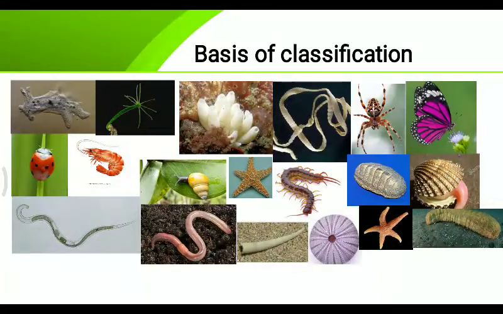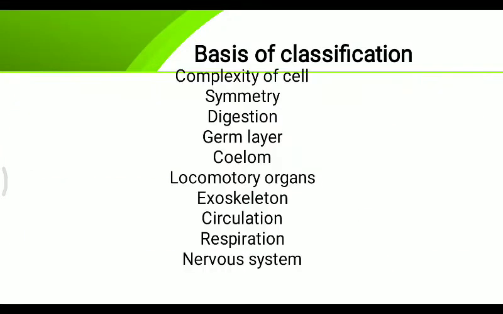All of them are classified based on the complexity of the cell, symmetry, digestion, germ layer, and coelom. These are the levels of organization, along with other characteristics like locomotory organ, exoskeleton, circulation, respiration, reproduction, nervous system, and so on.